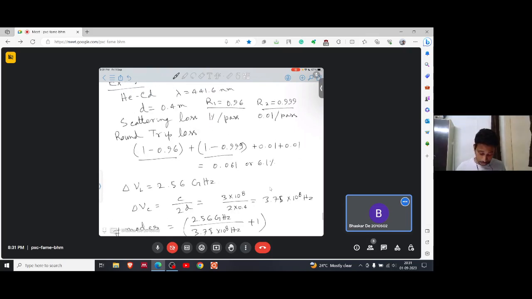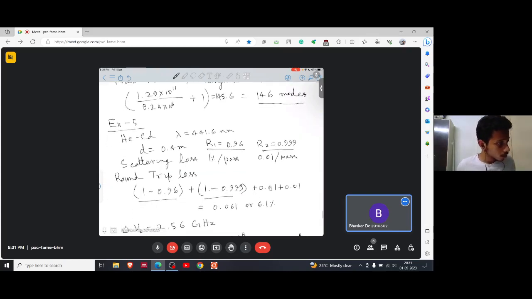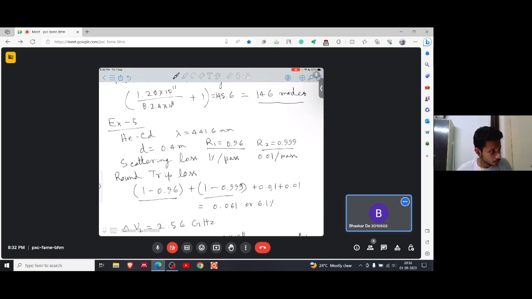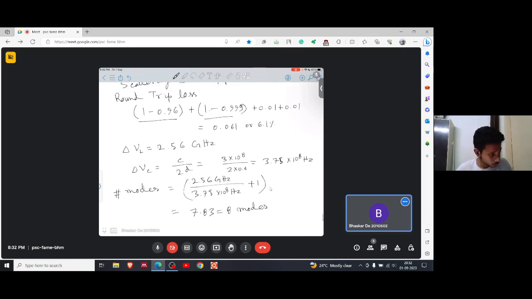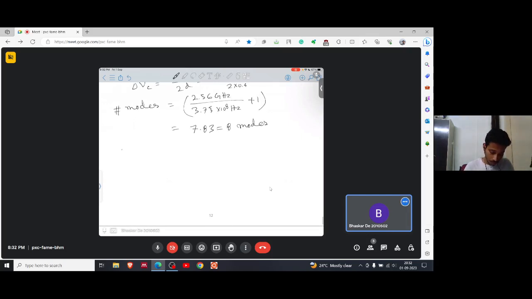Now the value I have used for this delta nu L is 2.56 gigahertz, which is from the information that cadmium has 3 isotopes, Cd112, Cd110 and Cd116.